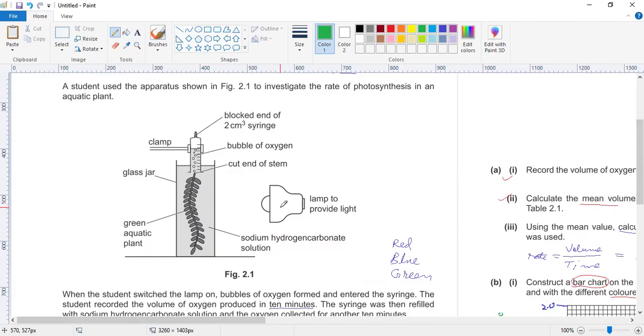So first, how can we change the light intensity? Light intensity can be changed by using a different bulb. You can use another bulb of greater light intensity, or you can change the distance. If it is near, then the light intensity would be greater. If it is far, the light intensity would be smaller.